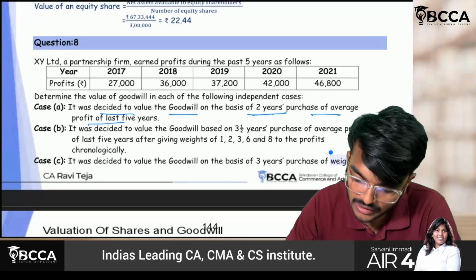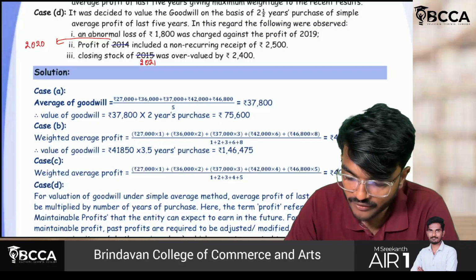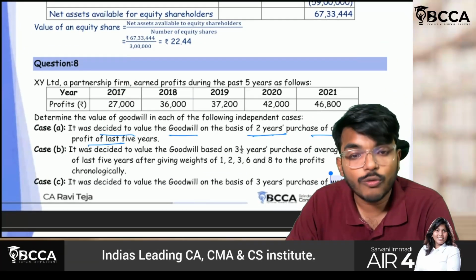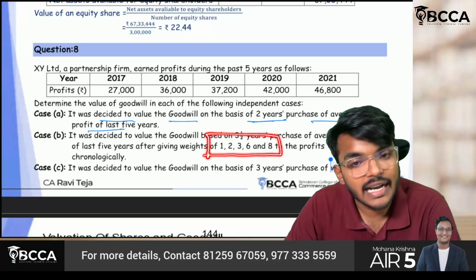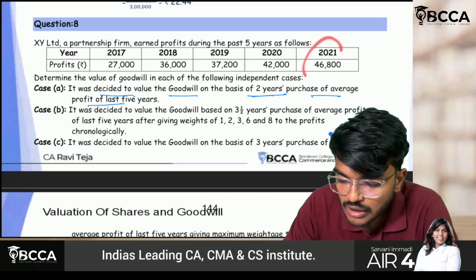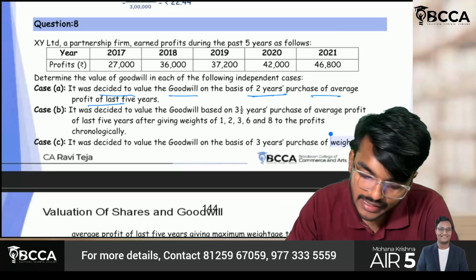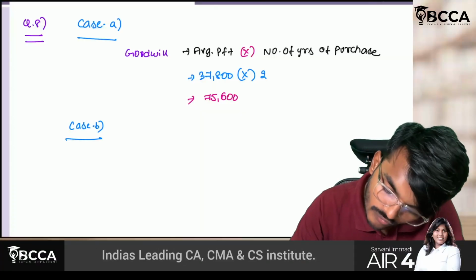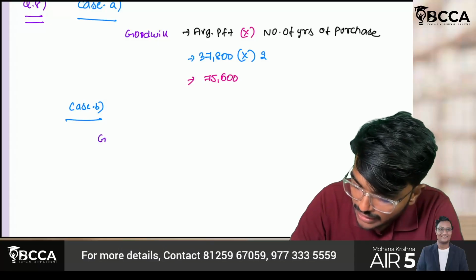Here they have only given the weights, so out of these 1, 2, 3, 6 and 8, you have to give the highest weight to the recent profit. In case B we take the same formula for goodwill.